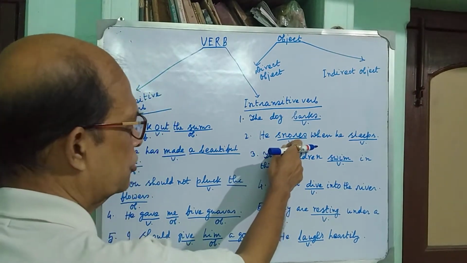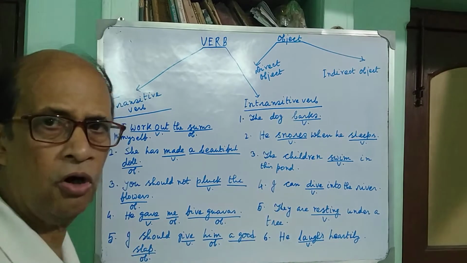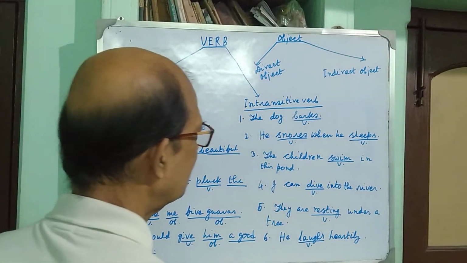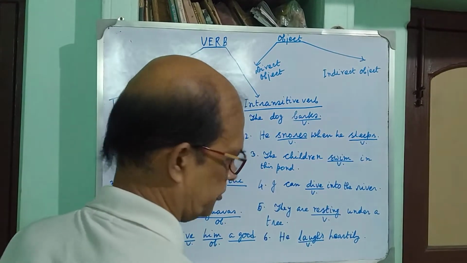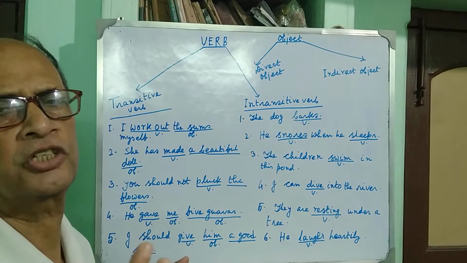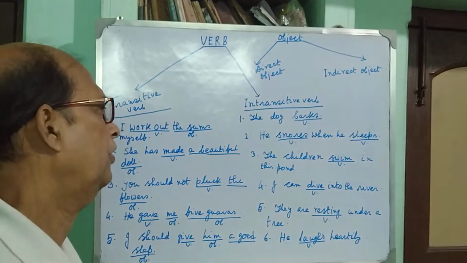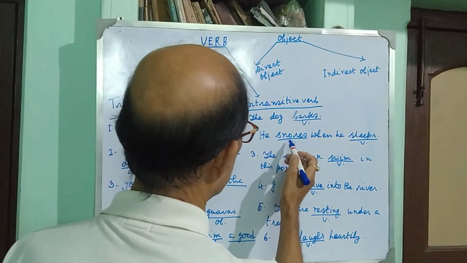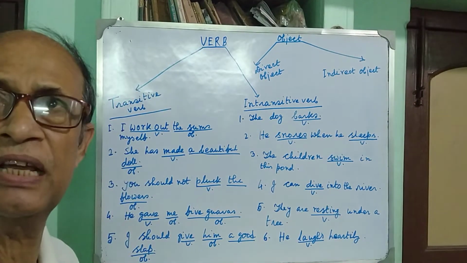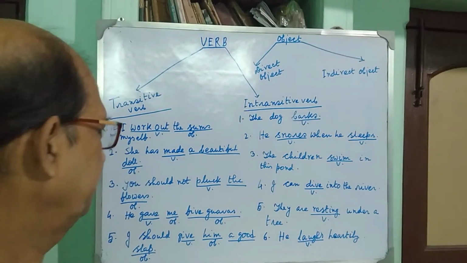Ask snores by what or whom? There is no answer. Ask the verb sleeps by what or whom? There is no answer. So, both the verbs snores and sleeps are the examples of intransitive verb.